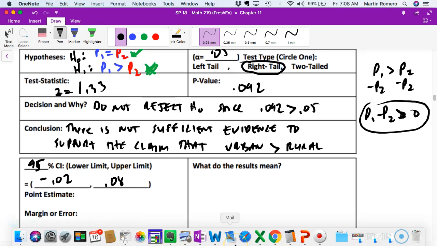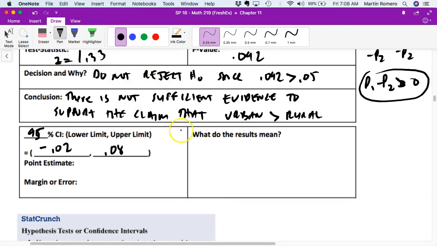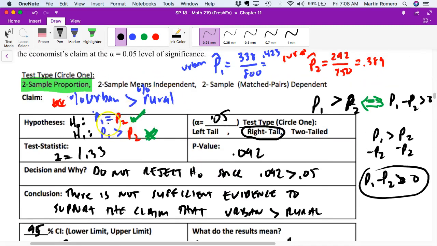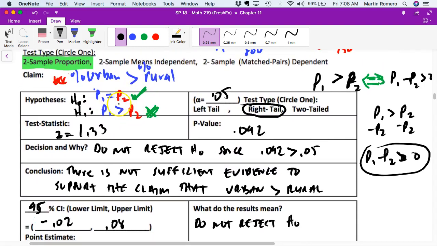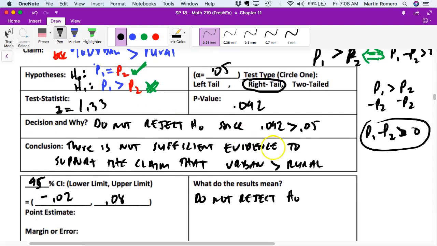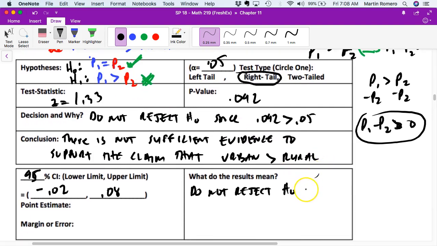So in this case, what does this mean? We're going to make a conclusion here. We do not reject. This is an alternative way. Do not reject H naught, because H naught says that they're equal to each other, which means their difference is equal to 0.